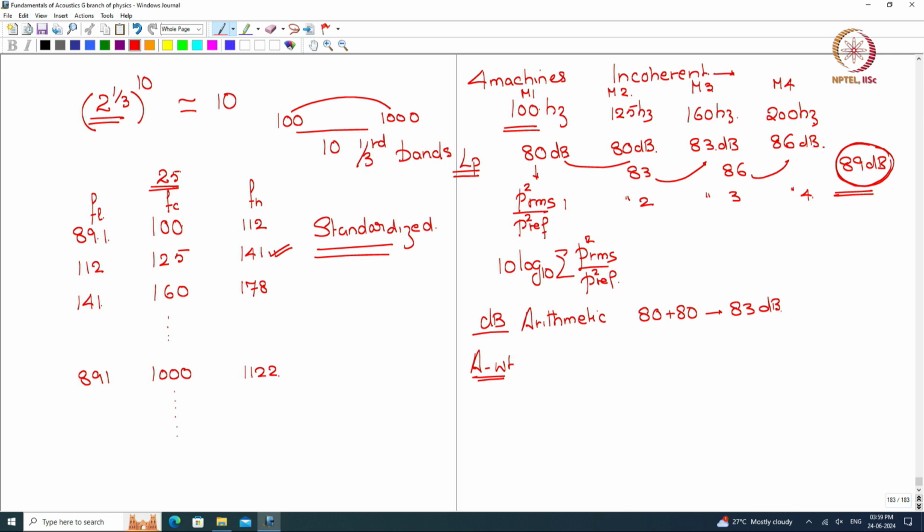I said the human ear devalues sound at low frequencies. So I am writing the A weight correction.